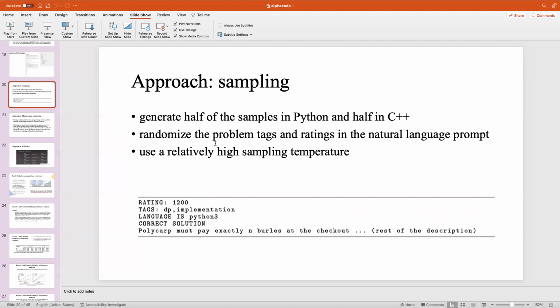So the idea is when the sample size is large enough, the randomness actually works, which gives you some diversity in the generated samples. That diversity will help find the correct answers.